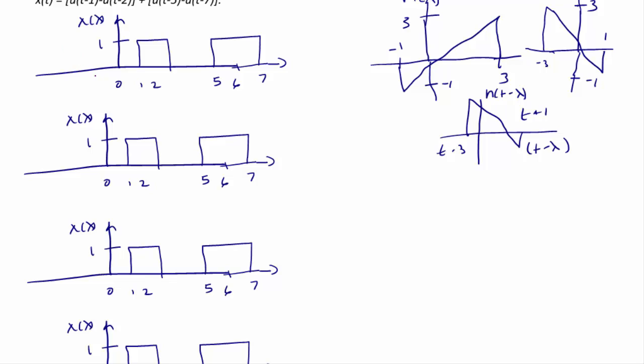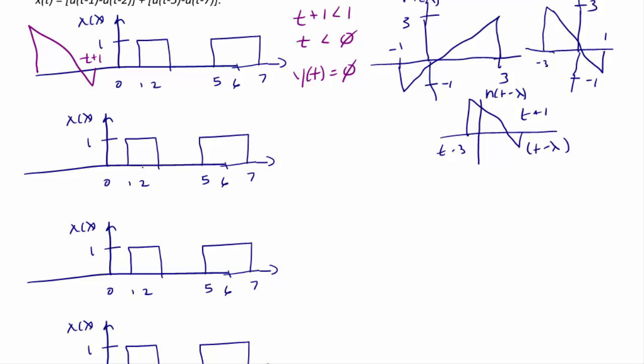The first one is when there's no overlap. So here's my sketch of h of t minus lambda with my leading edge of t+1. Here we have t+1 is less than 1, or t is less than 0, and since there is no overlap, we know that for that region, y of t equals 0.